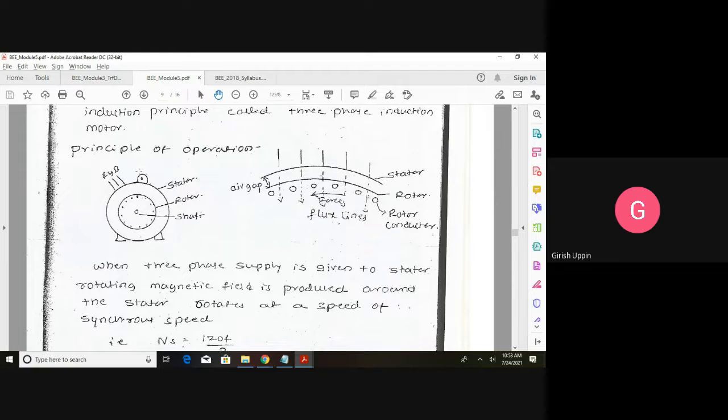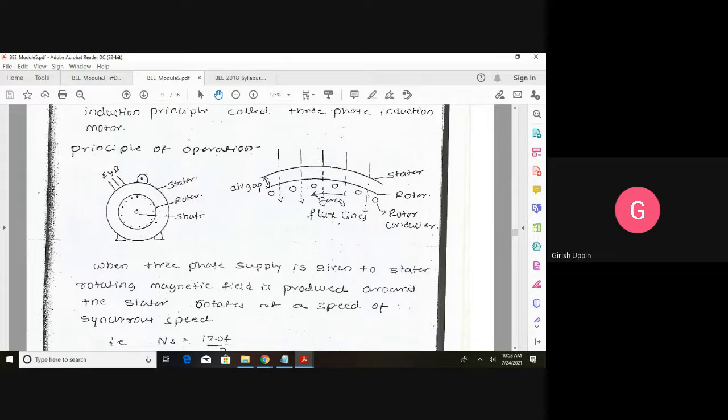There is one concept we are going to learn in another 5-10 minutes: whenever we give a three-phase supply to a three-phase winding, it creates a rotating magnetic field. You can imagine a north and south pole rotating inside with a certain speed, which is called the synchronous speed.